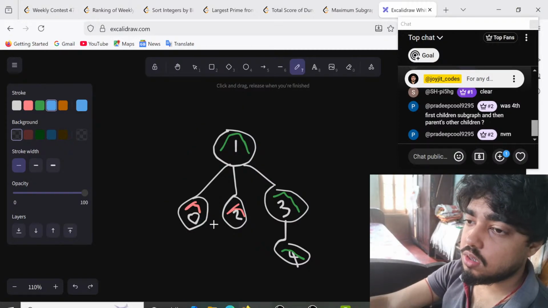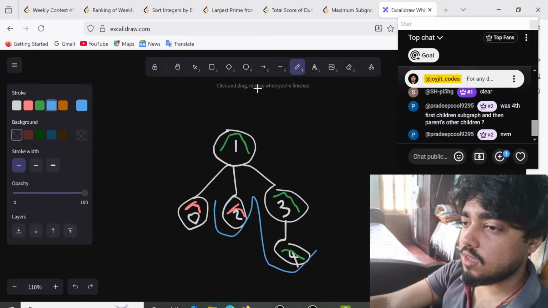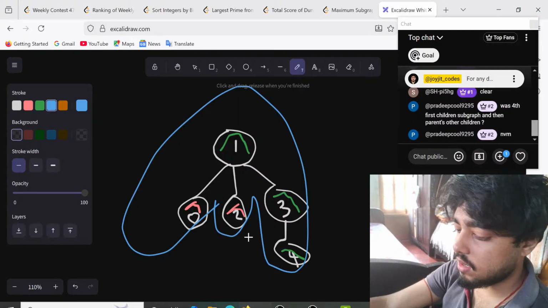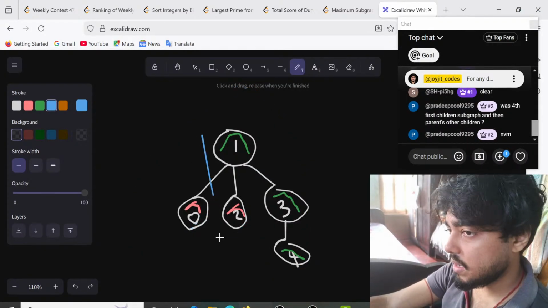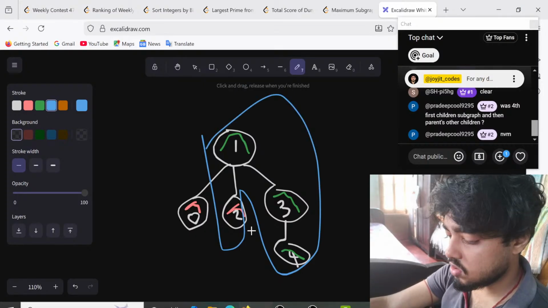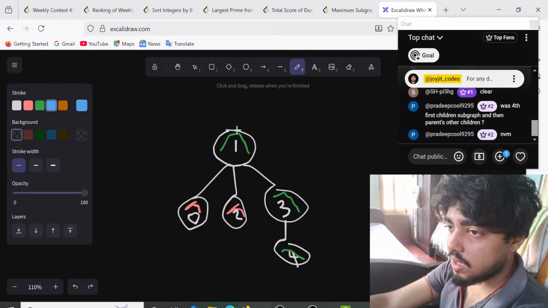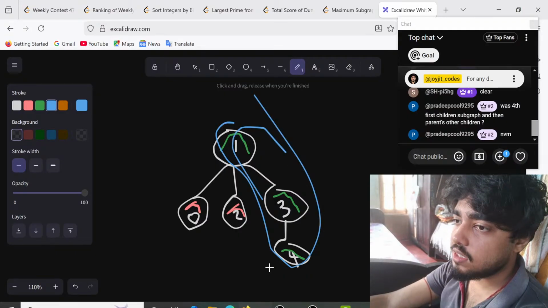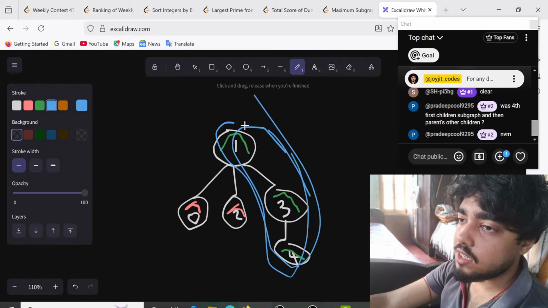It is not good. You can't even consider the whole tree, because that will also make the score 1, which is not the most optimal. But this 2 is the most optimal, that is 3 minus 1, that is 2. So for 1, it is 3. For 3, also it is 3. For 4, it is also 3.